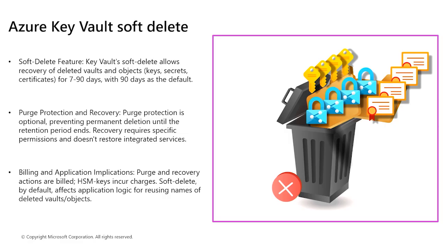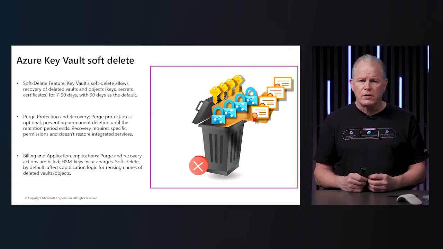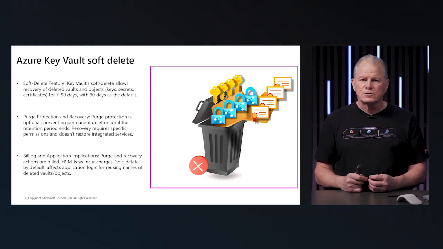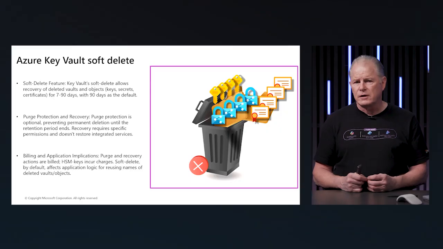Purge protection is an optional feature that prevents the permanent deletion of Key Vault objects until the retention period ends. This feature adds an additional layer of security by requiring elevated permissions to purge a soft deleted object. Purge protection is recommended for scenarios where data loss prevention is going to be critical.